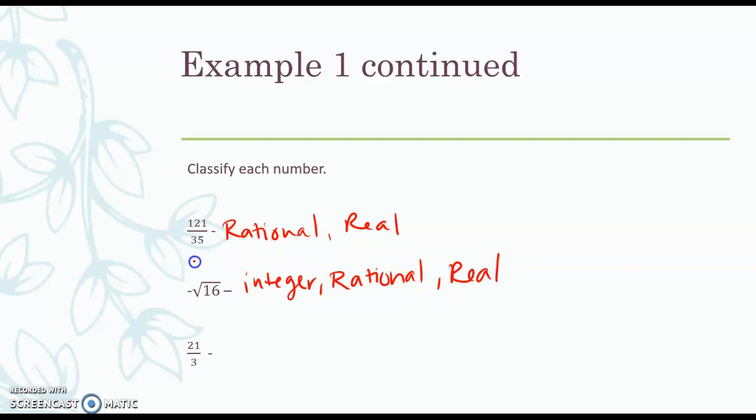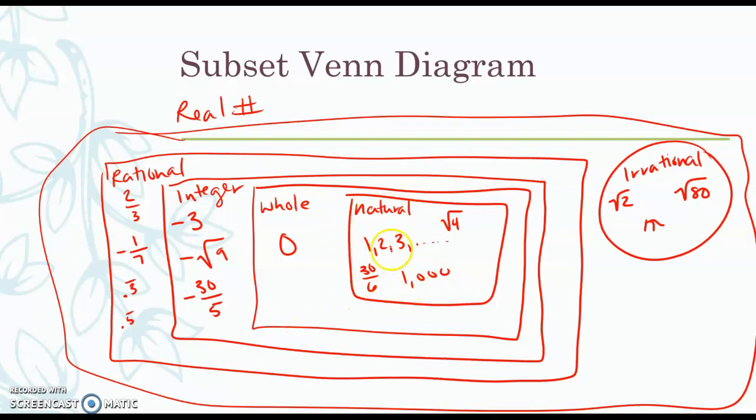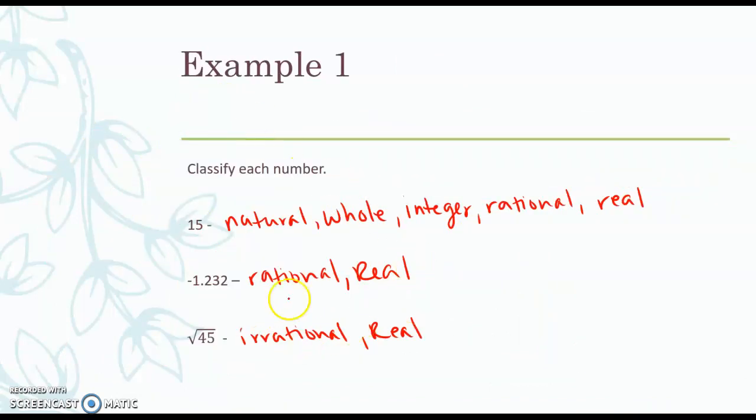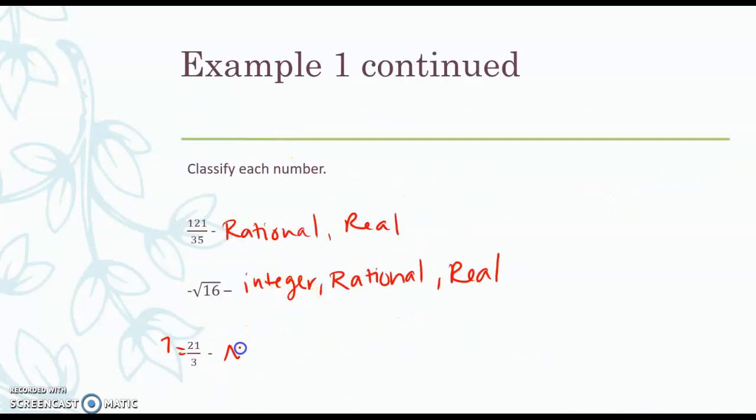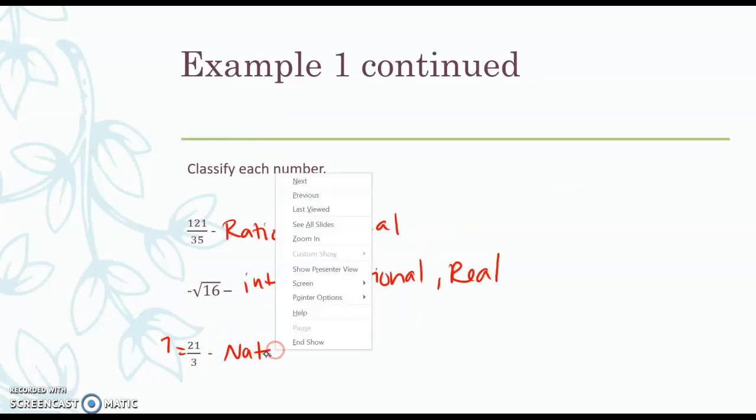Next, 21 thirds. And so 21 thirds is 7. 7 is a natural number, so it's going to be natural, whole, integer, rational, real. Because if it's a natural number, it is everything but irrational.